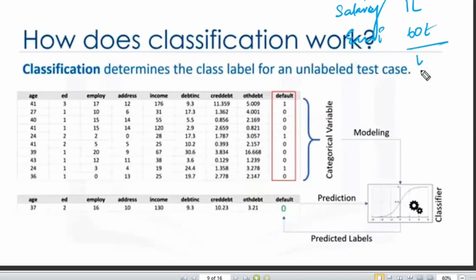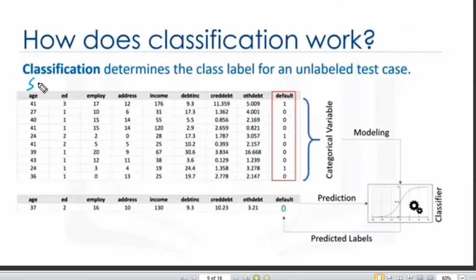Now the net is 40, so for 40 only we have to check and provide accordingly. We can't take this salary. After EMI deduction, whatever the net is there, that we have to consider. So all these parameters will be considered while predicting the loan.